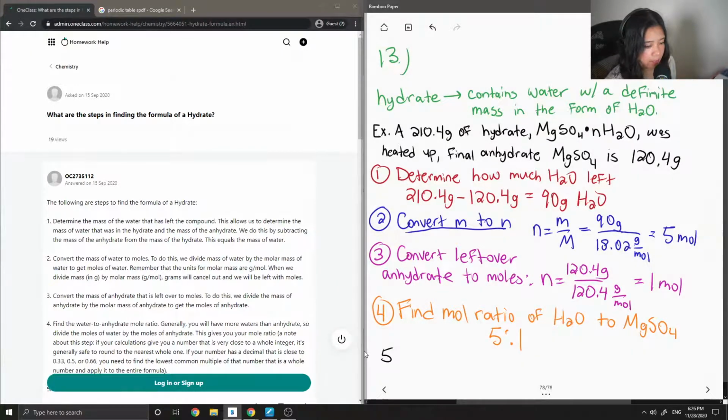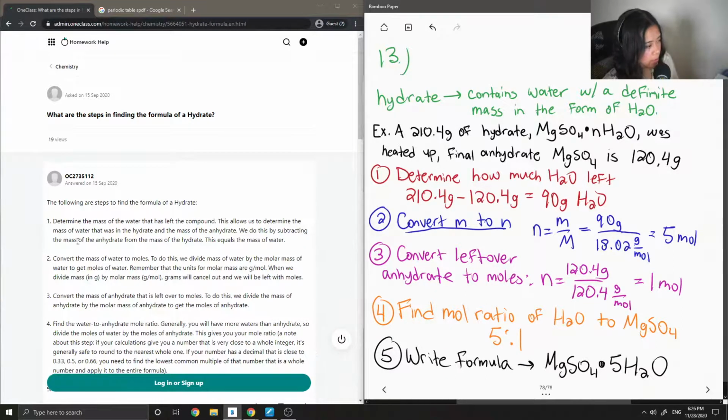And then the last step is just to write the formula down. Okay, so the formula is magnesium sulfate, the bullet point 5H2O.